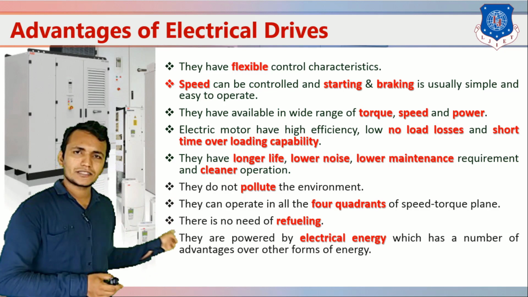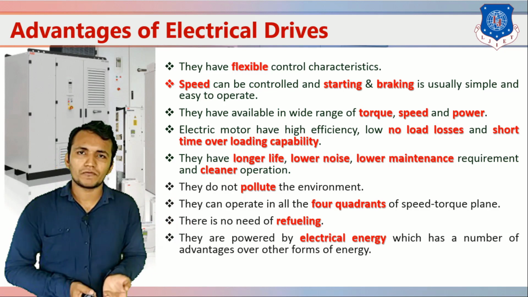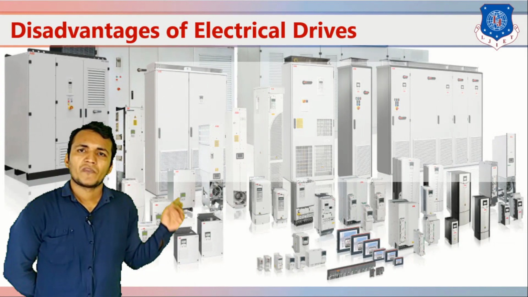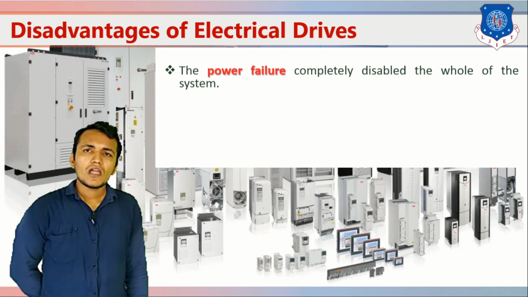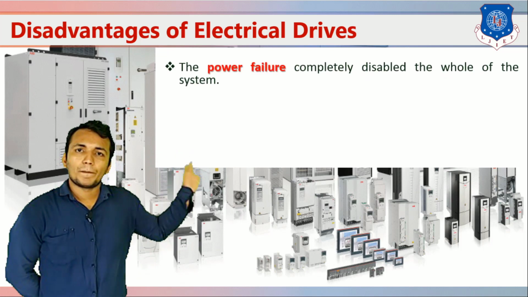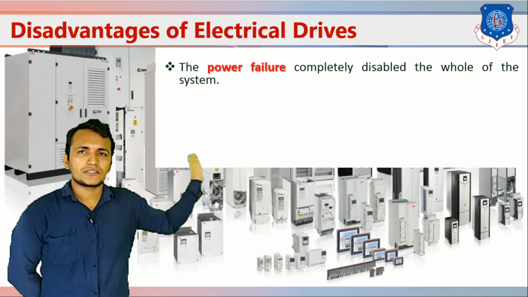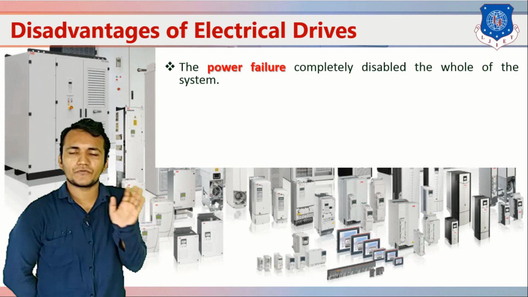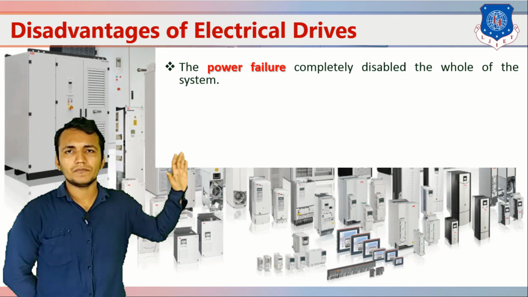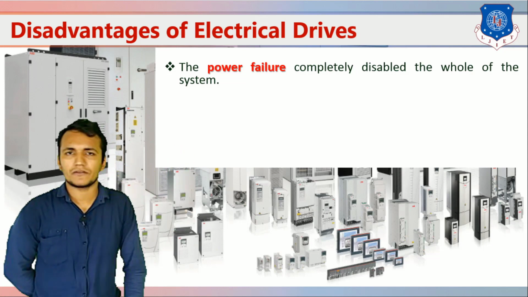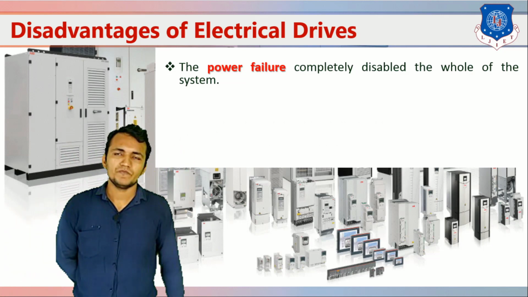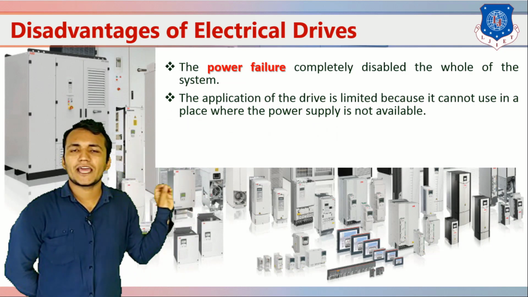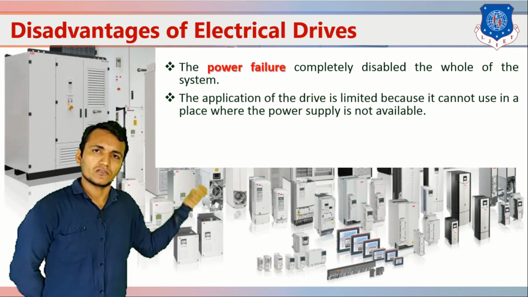And due to this last advantage, it has some disadvantages. The disadvantages are like this. Power failure completely disables the whole system. Okay, so that is a disadvantage. If power fails, the electrical drive system will be stopped. Then the application of the drive is limited because it cannot be placed where power supply is not available.